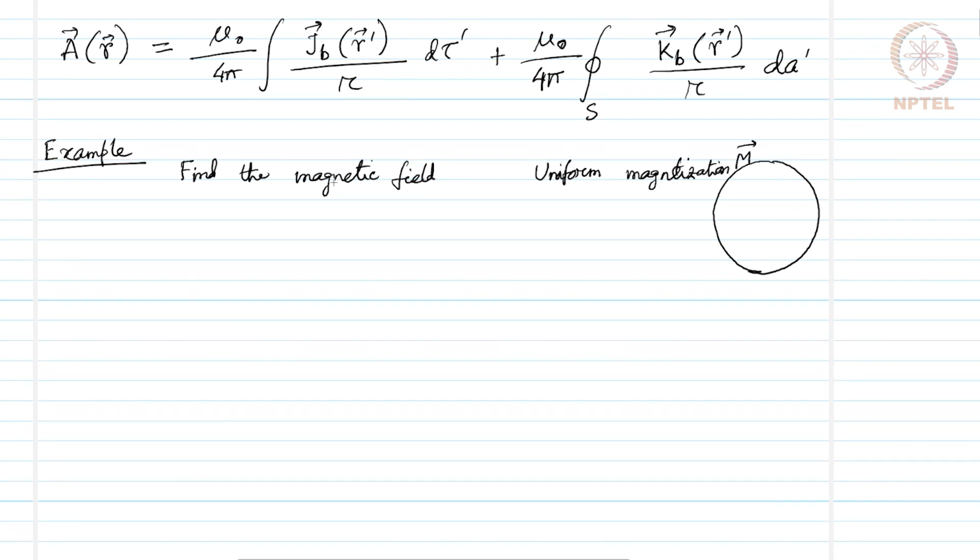How do we go about this? So, what do we mean by uniform magnetization?